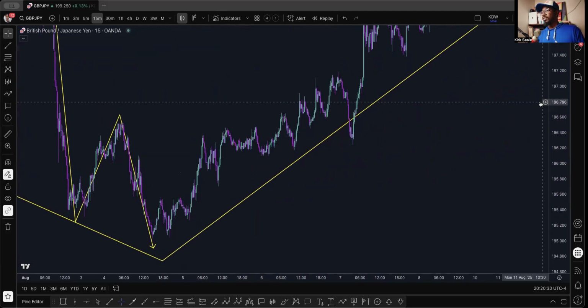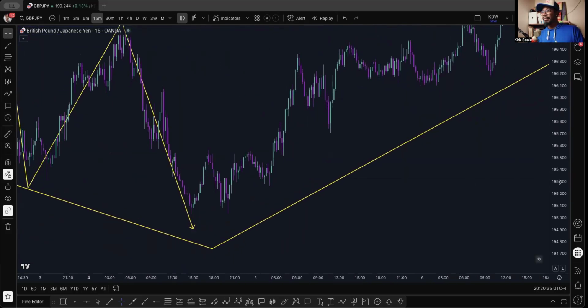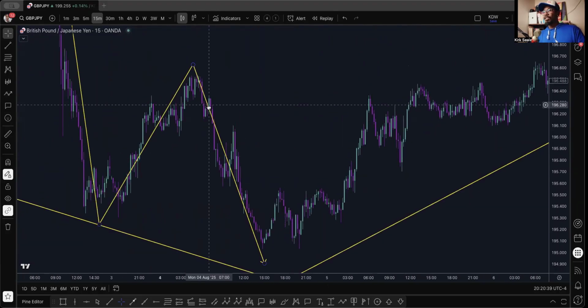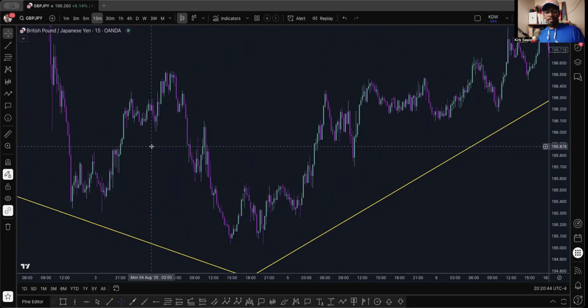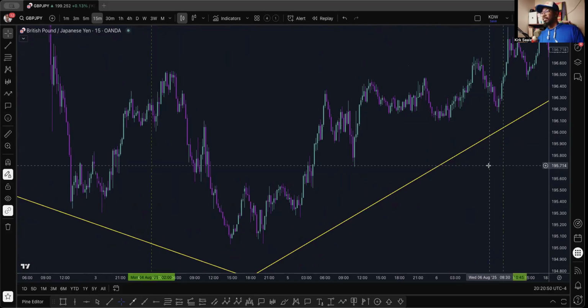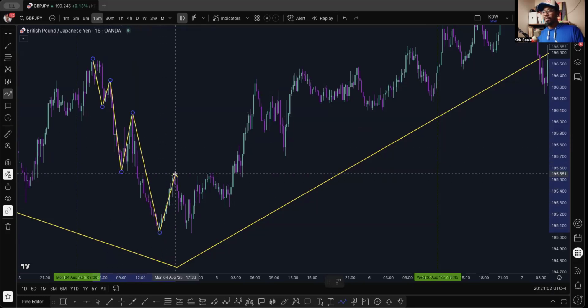Actually didn't need to go all the way up there. Let's try this. All right. So high, low, lower high, lower low, lower high, lower low, lower high.